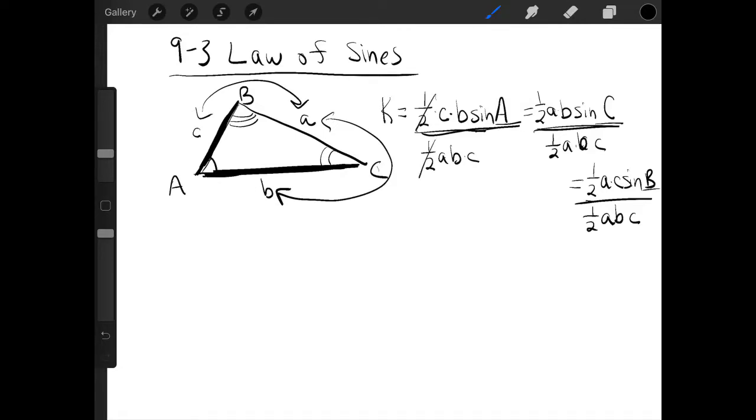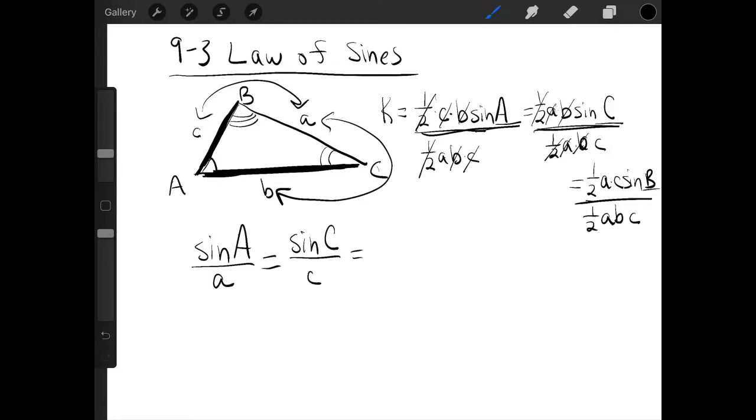The halves cancel, the c's cancel, the b's cancel, and I end up with sine of capital A, angle A, divided by little a, the side, equals, let's look at the next one. The halves cancel, the a's cancel, the b's cancel, and I end up with sine of C divided by little c.